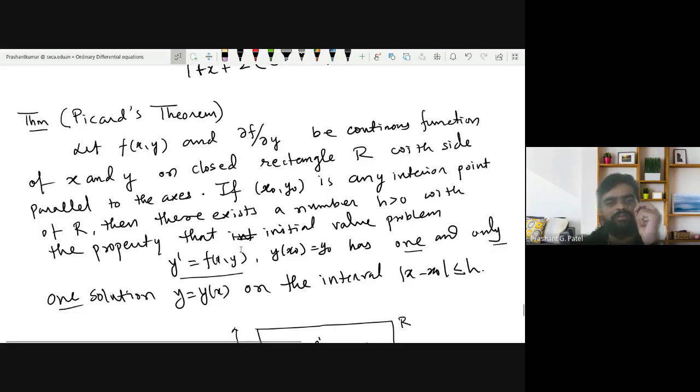The proof of this theorem is very lengthy, so keep yourself with me till then I can complete my proof, or it is given in your reference book.